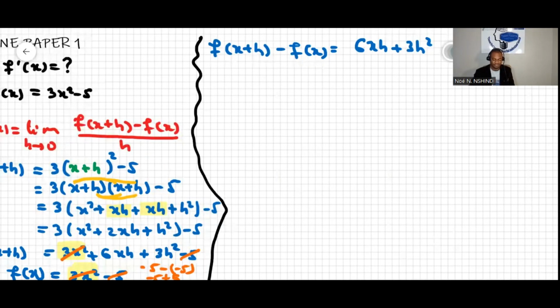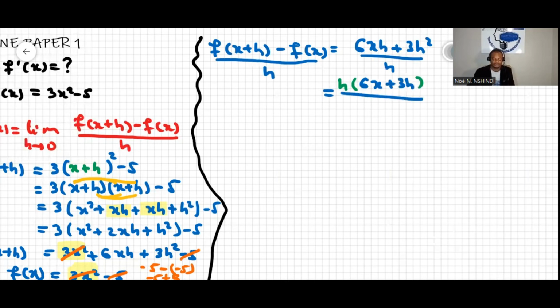You can notice that they have h as a common factor, so this will be 6x plus 3h all over h. Now we can cross out h, and then this is 6x plus 3h. So this is just f of x plus h minus f of x all over h.